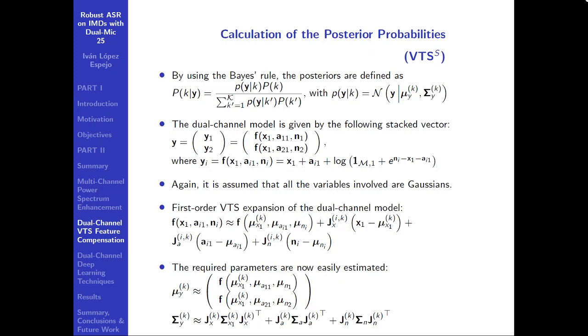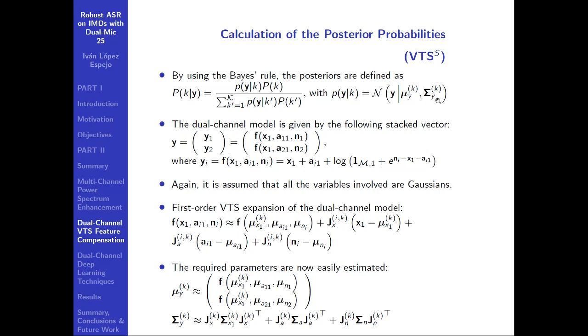About the posterior probabilities, by using Bayes' rule, the posteriors are defined this way, where P of k comes from the clean speech Gaussian mixture model, and this density function, as we will see, can be approximated by a Gaussian density function. So we just require to estimate the set of mean vectors and the set of covariance matrices.